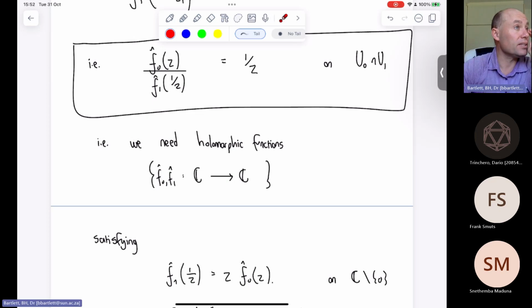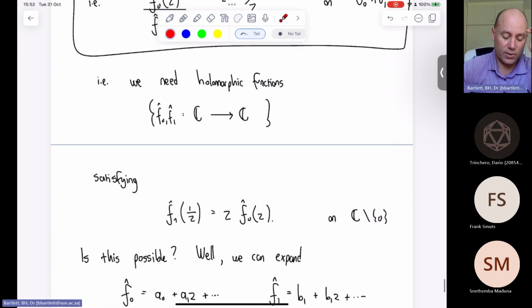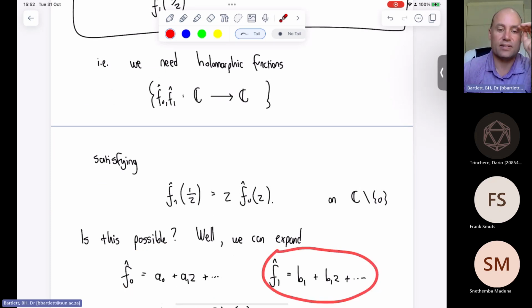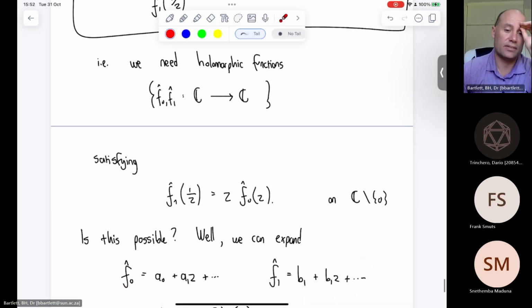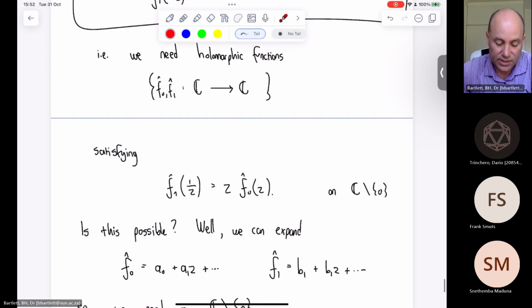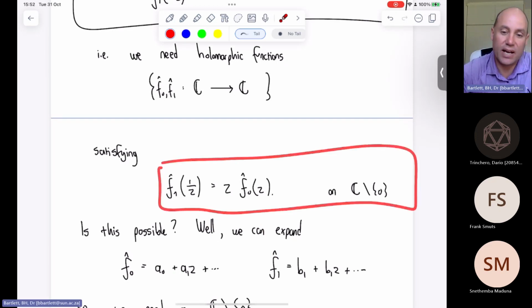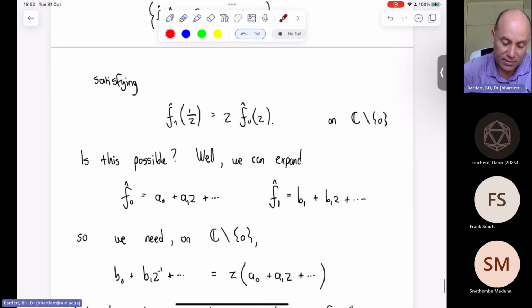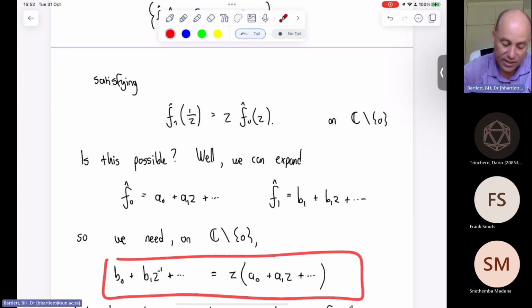But there's no singularities. So I can expand f0 hat like this, the Taylor series, and f1 hat I can expand like this. And now I can sub that in to this equation. This is the equation which holds on C minus the origin. So I would sub in 1 over z into this expression here. And so it's going to give me this equation here.